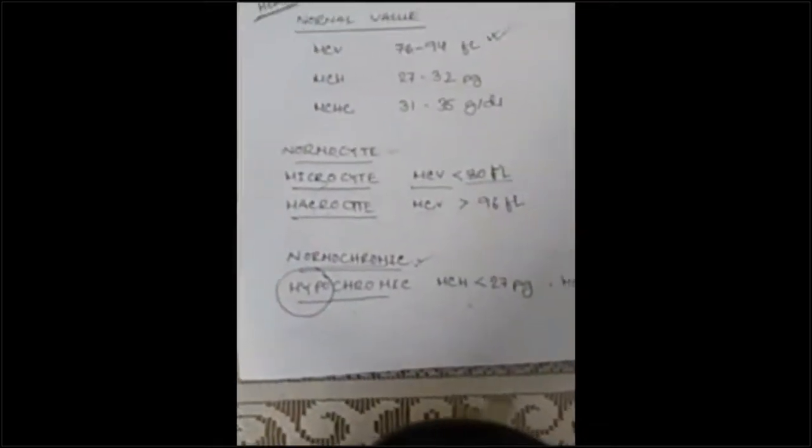Then, before we enter into the classification, we have to learn about the red cell indices and the normal value of the indices and some terms, that is normocytic, microcytic, macrocytic, and hypochromic and normochromic. When the term cytic is used, it means the size of the cells.